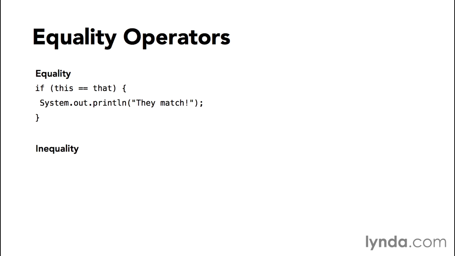The inequality operator is exclamation equals. Some Java developers like to call the exclamation mark the bang operator. But again, this simply means not equal to, and it has the same rules as the equality operator. Primitive variables are evaluated by their values, and reference variables by whether they point to the same object.